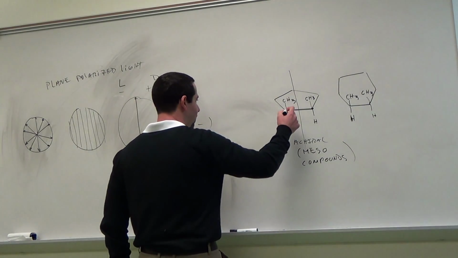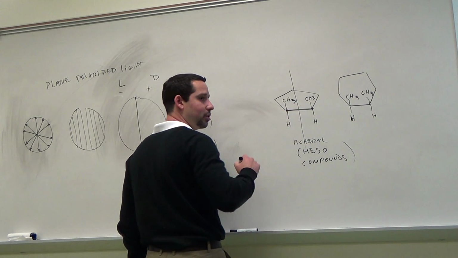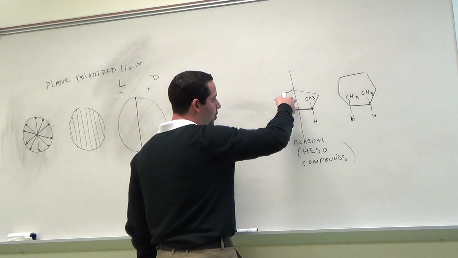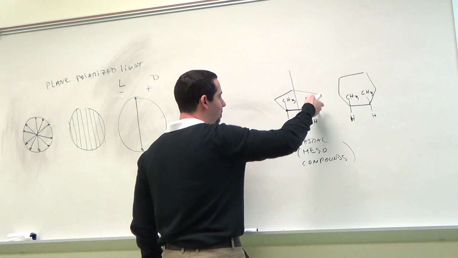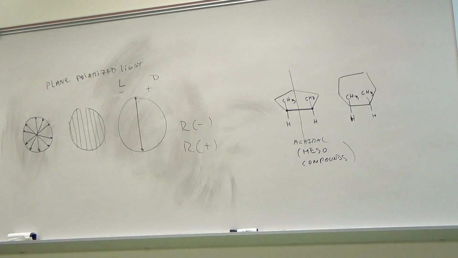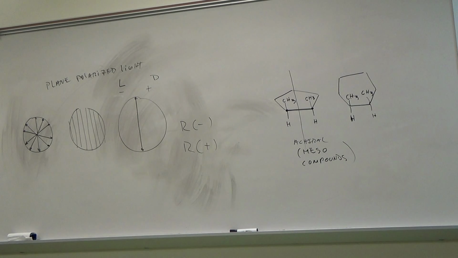Now, this here is a chiral center, yes? And it rotates plane polarized light one way, but this is the opposite, and it will rotate plane polarized light in the opposite way. As a result, meso compounds are achiral, called inactive in plane polarized light. So they do not bend plane polarized light.